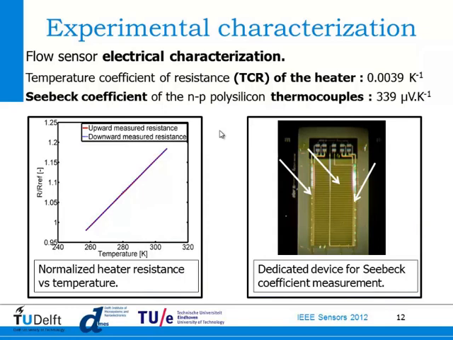It consists of two heaters, one on each side, and then a thermopile measuring the temperature difference between the two heaters. One heater is used as a heater, so we heat, and the other one is used as a temperature sensor. Once you have characterized the TCR, you can use it as a temperature sensor. So we know the temperature difference between the two heaters, and we can measure the output voltage, and thus we can go back to the Seebeck coefficient of the thermocouples.